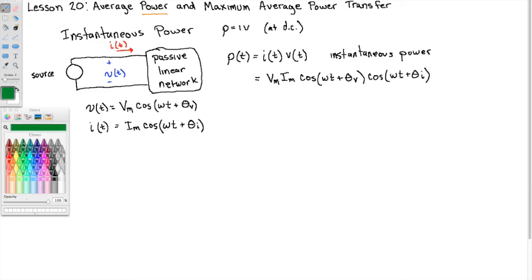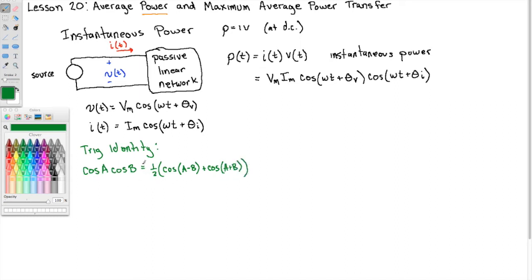Now, there is a trig identity that I'll write in green to remind you. It says that the cosine of A times the cosine of B is 1/2 times the cosine of the difference of those angles, A minus B, plus the cosine of the sum of those two angles.